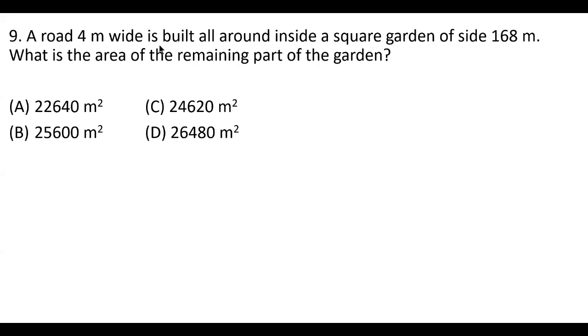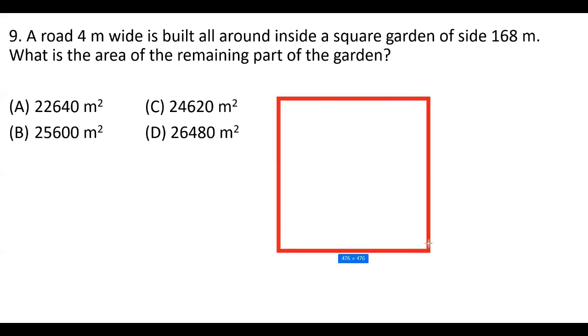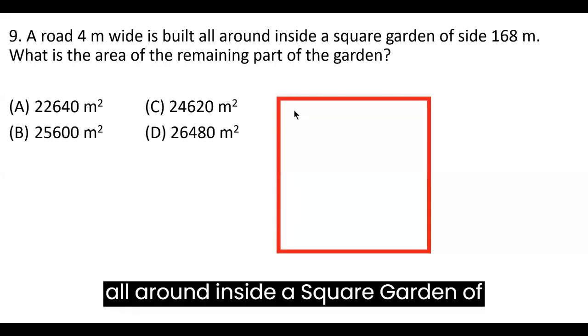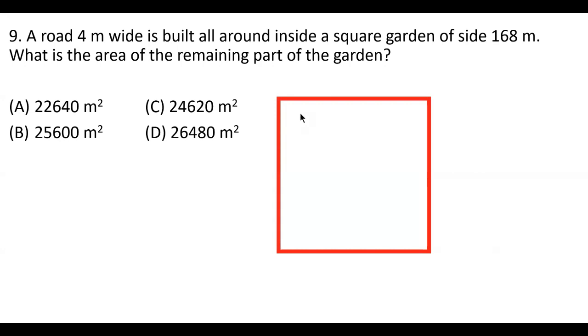A road 4 meter wide is built all around inside a square garden of side 168 meters. What is the area of the remaining part of the garden? Now, here we have a square garden, which is 168 meters. And we have a road which is built inside the square garden. So a 4 meter road all around.